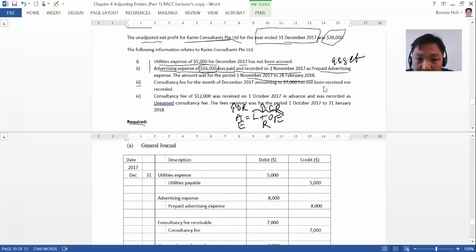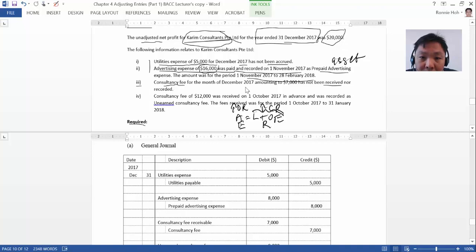Because it says it has not been received. So it's something to receive, so obviously it must be a revenue, because they are Karim consultants, so their main source of revenue should be providing consultancy, and therefore the fee they earn will be consultancy fee.